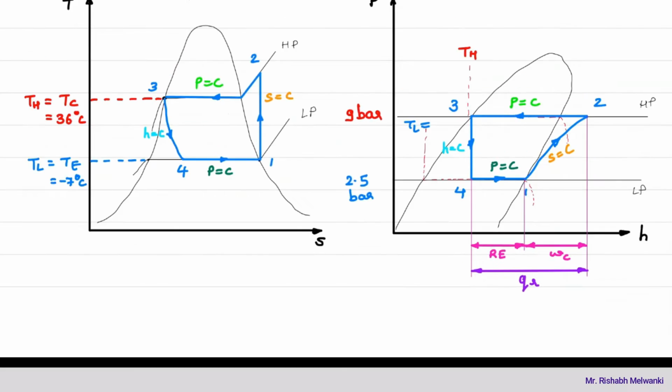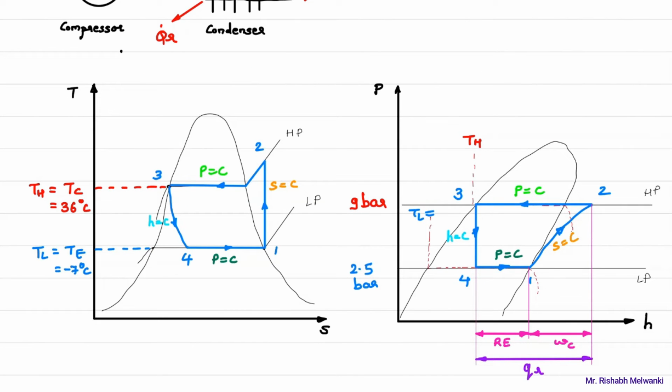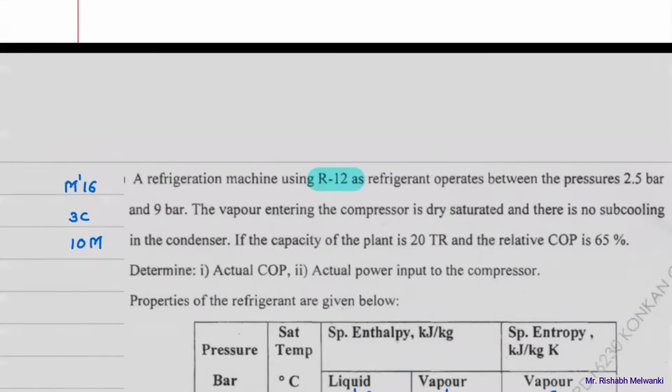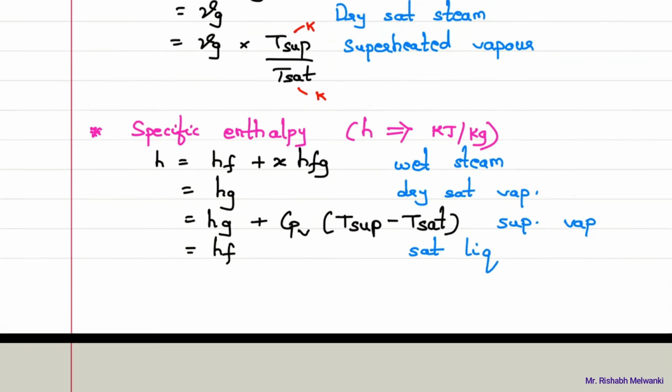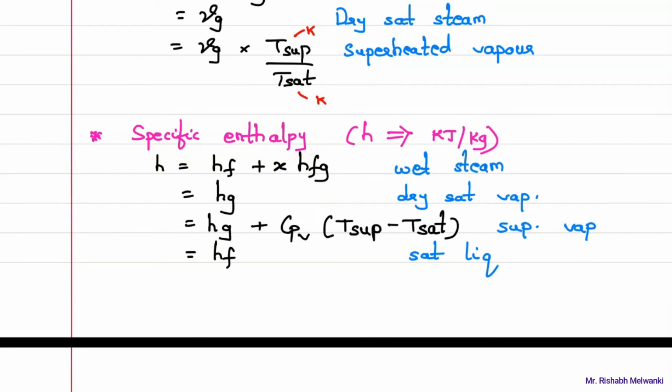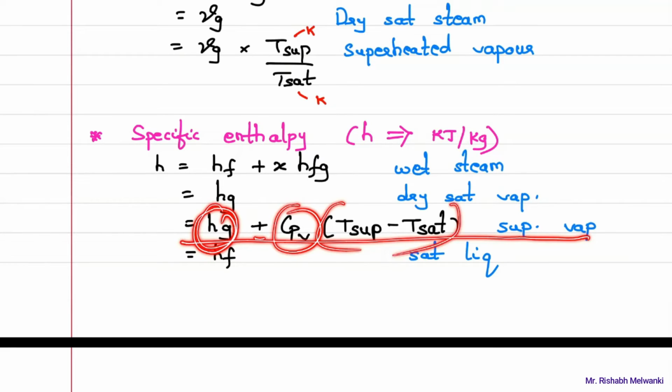Point number 2 is very important. Understand that. Now point number 2 is in which region? Superheated vapor region. Okay, so what is the equation of specific enthalpy for the superheated vapor region? Understand that. Specific enthalpy for superheated vapor is given as Hg plus Cpv (T sup minus Tsat).